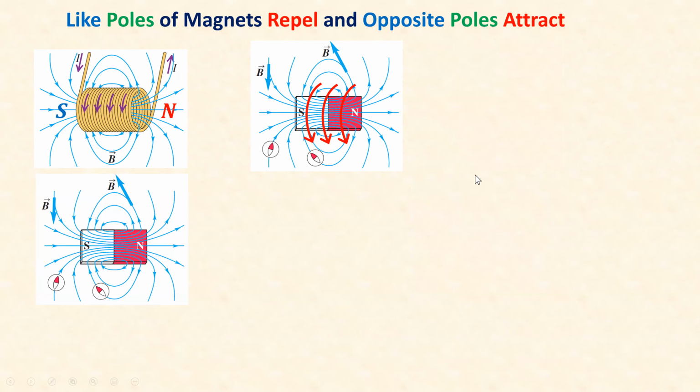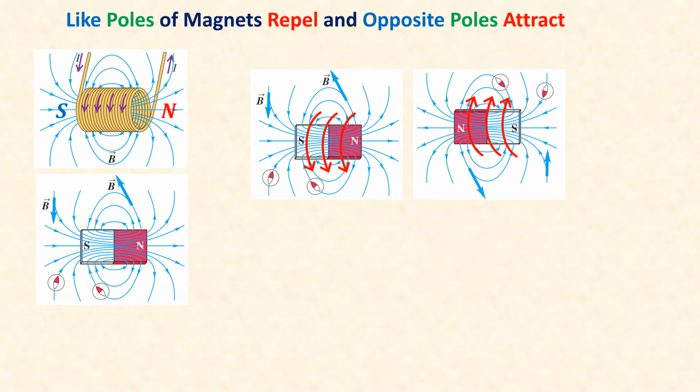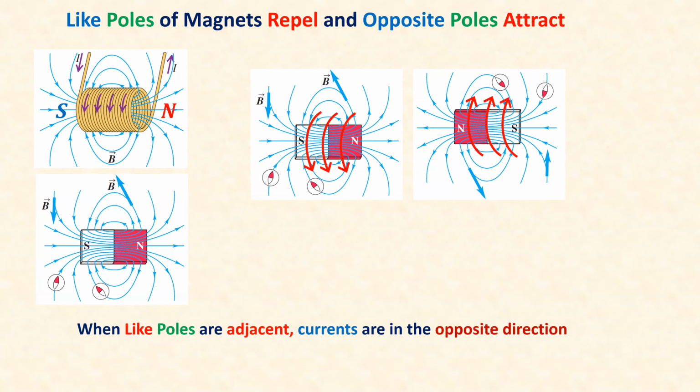And if you put one of them in this direction, the other one in the other direction, the currents are in opposite direction. Therefore, they repel each other. And therefore, that manifests itself by saying the north and north repel each other. It's because basically the currents are in opposite direction.